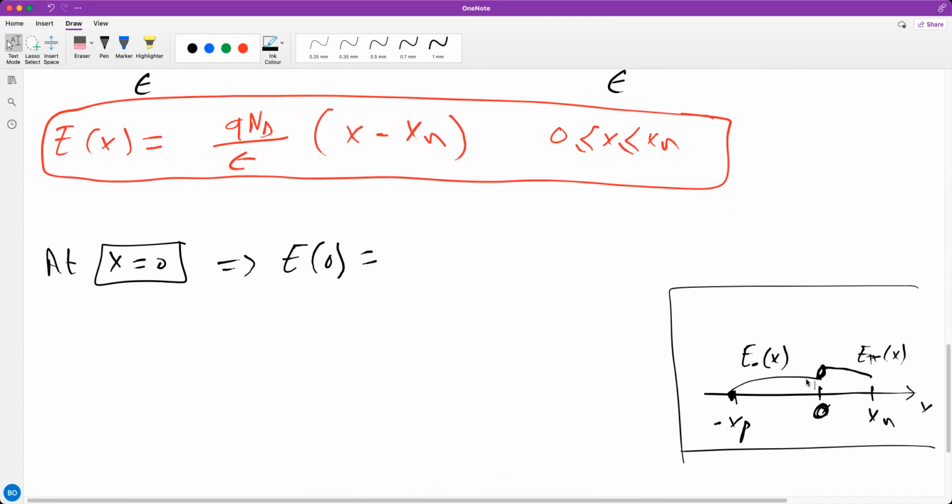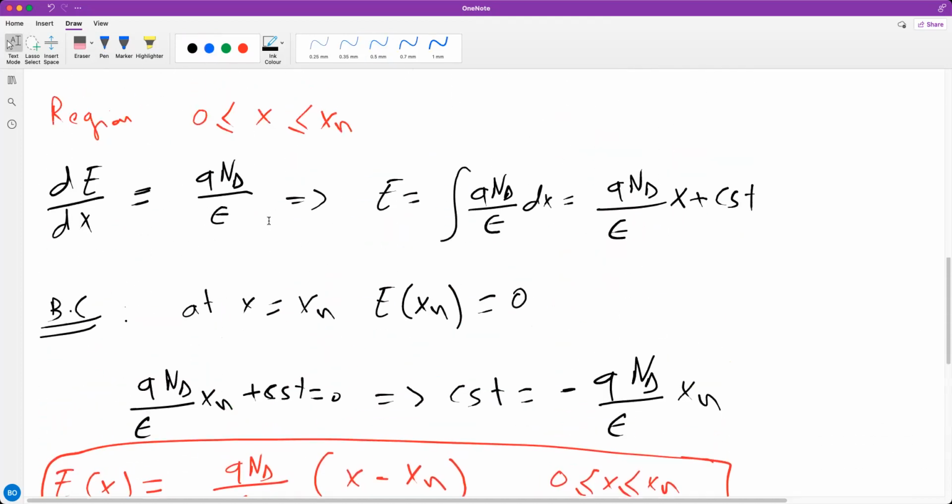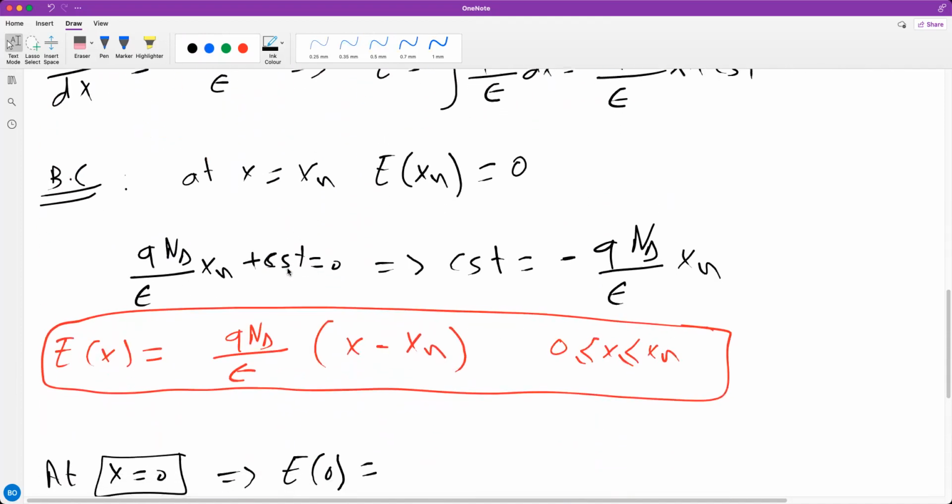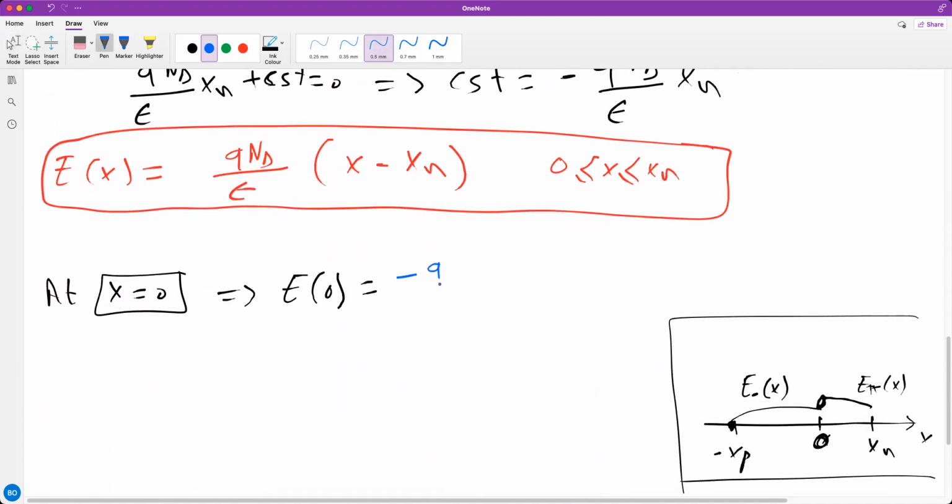So the electric field at zero, if we take the blue part, if I replace x by 0, gives me minus QNA over epsilon xp.